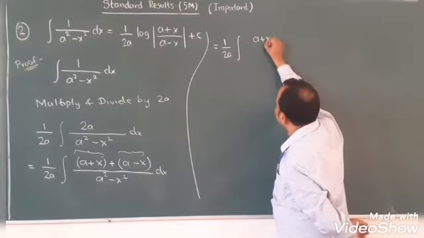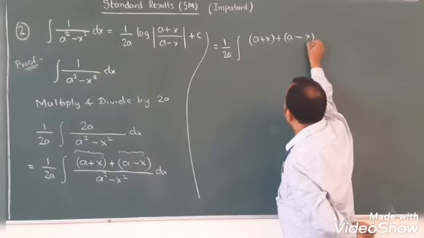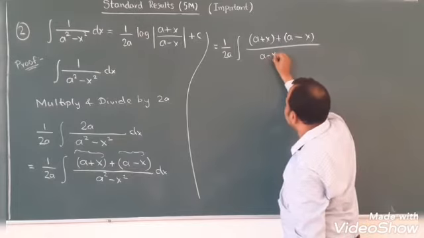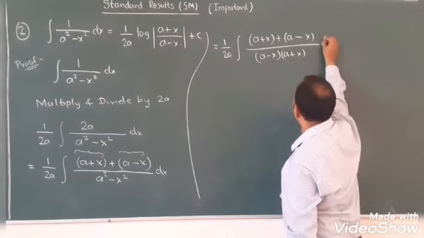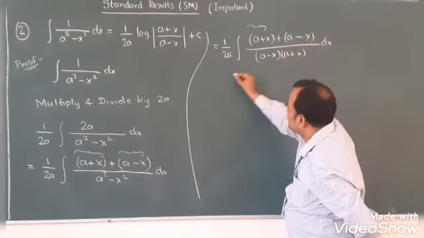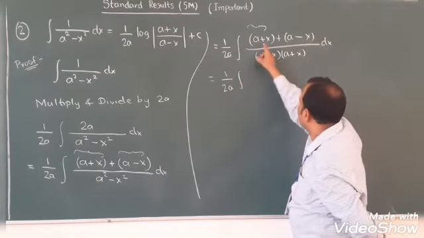A plus x plus a minus x divided by this a square minus x square can be written as a minus x into a plus x, dx. Now you separate. So this term divided by this. So this I can say 1 by 2a. So both will get cancelled.